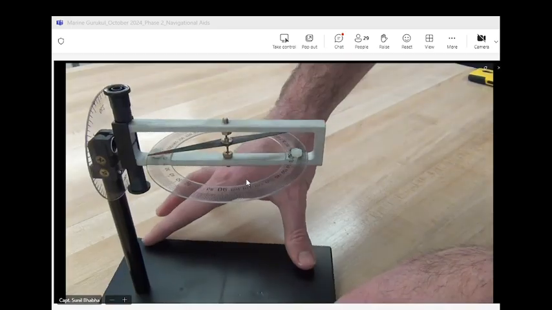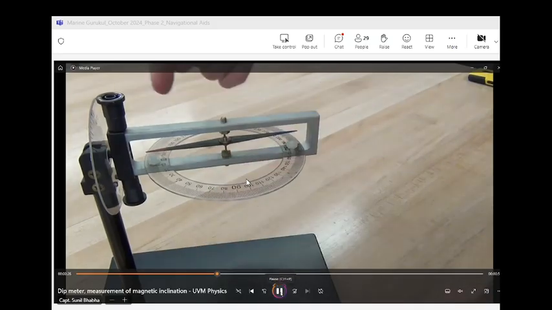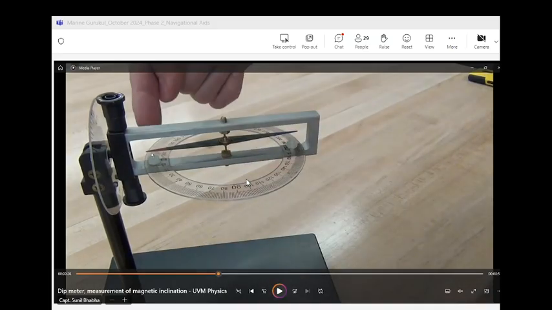So you see now they are aligning it, and at this moment now you see the needle is perfectly aligned with 000 and 180 markings on the round circumference, right, beta? Okay, sir. Now, after this, they will turn the needle and it will become free to swing in the vertical plane. At the moment, it is free to swing in the horizontal plane. It is exactly acting like a compass.